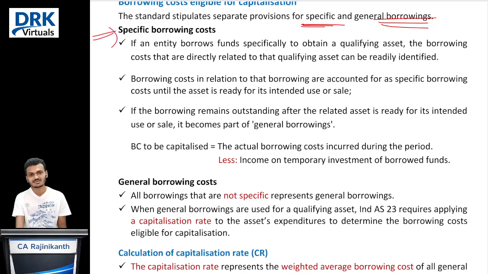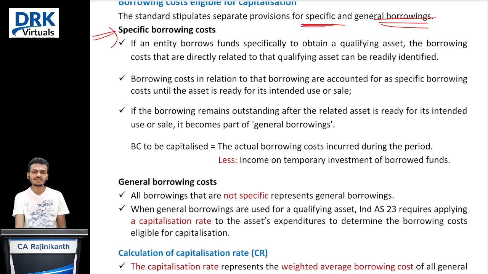These are the loans that we get specific to construction or production or acquisition of our qualifying asset. They are very specific. In that case, we can easily identify the borrowing cost. We need not do so much hard work to calculate. In fact, in our exam also, it is a very, very easy thing. Simply you take the loan amount multiplied with the percentage of interest and period, you will get the amount of borrowing cost required to be capitalized.